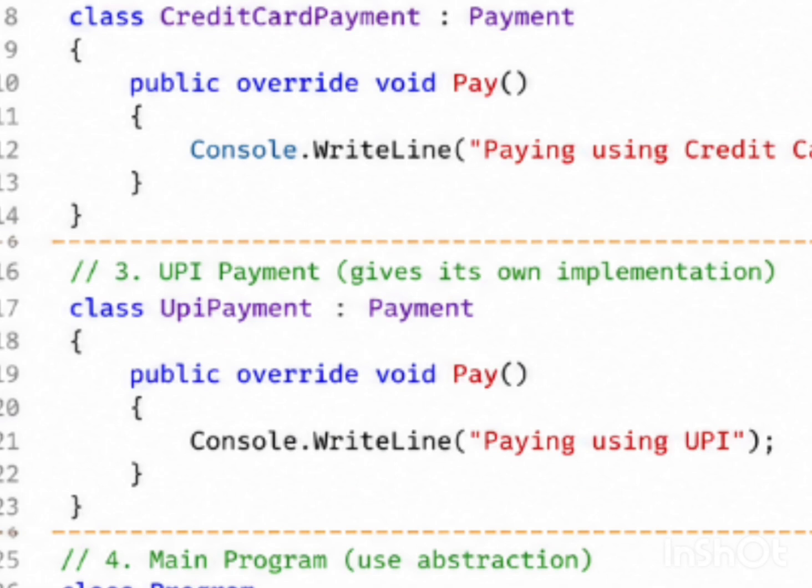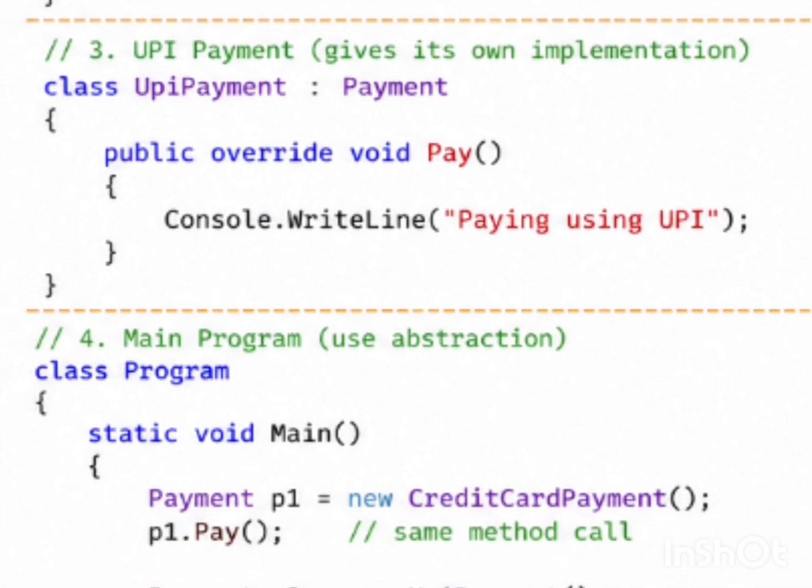After one year, for any new implementation, create one class and just implement this payment method, use the same method and give your own implementation.